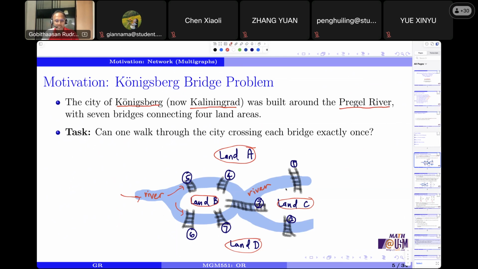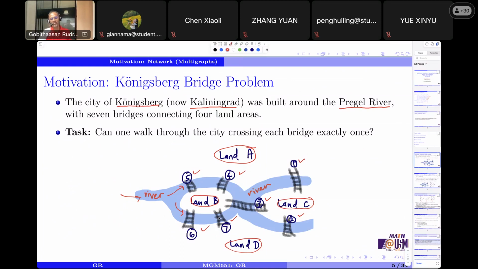These are the bridges, which I number 1, 2, 3, 4, 5, 6, and 7. Seven bridges. So this problem is known as the Königsberg 7 bridge problem. The question asked was: can one walk through the city crossing each bridge exactly once? That was the problem.